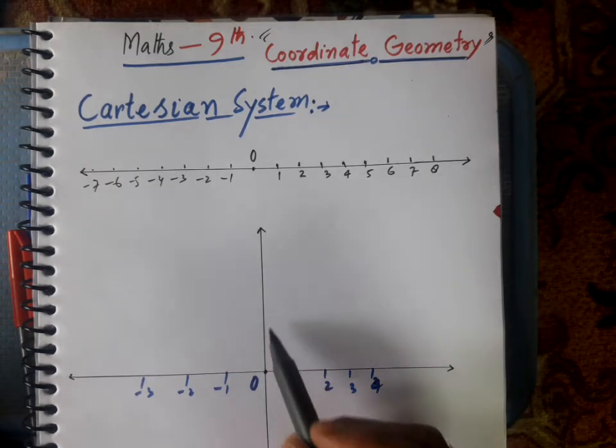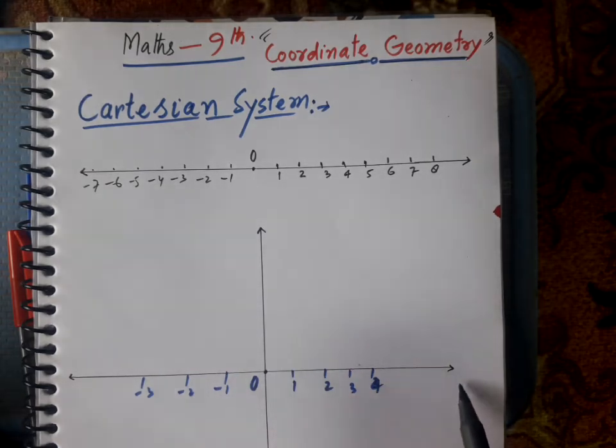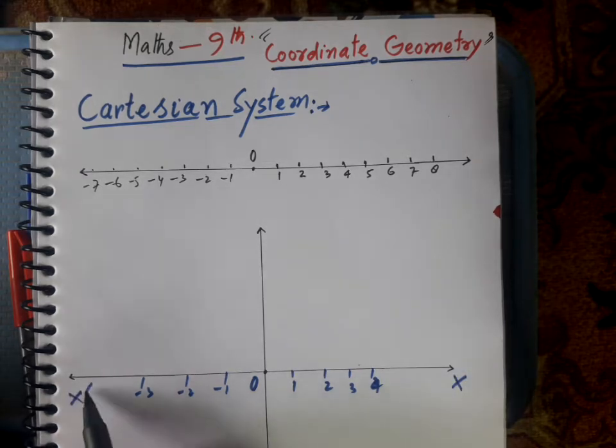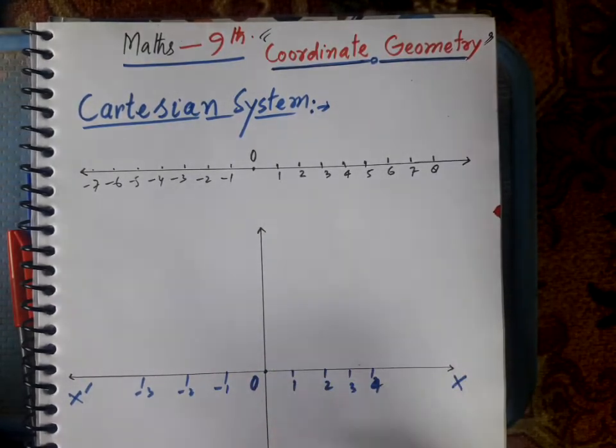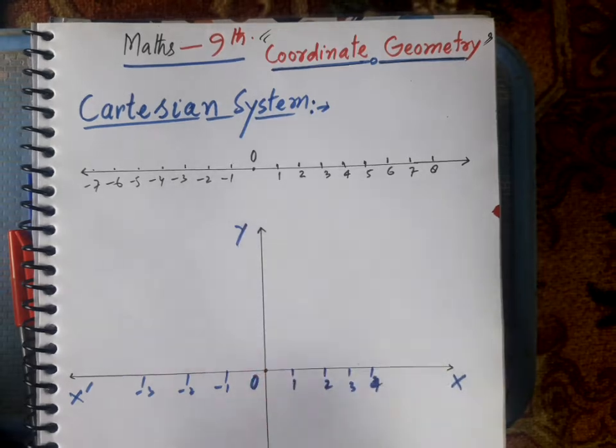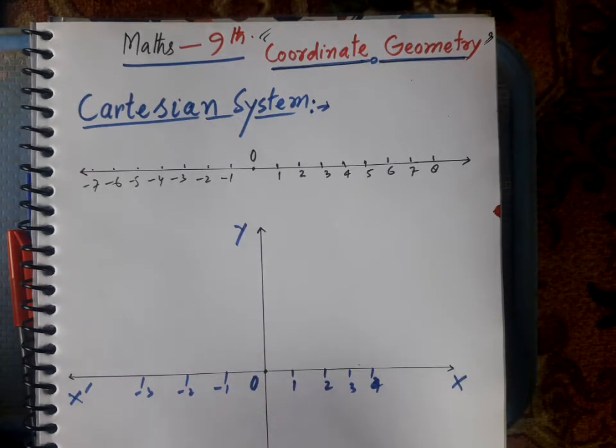Now in this case, the horizontal line we name as x prime, that means x axis, and this vertical line we call the y axis.